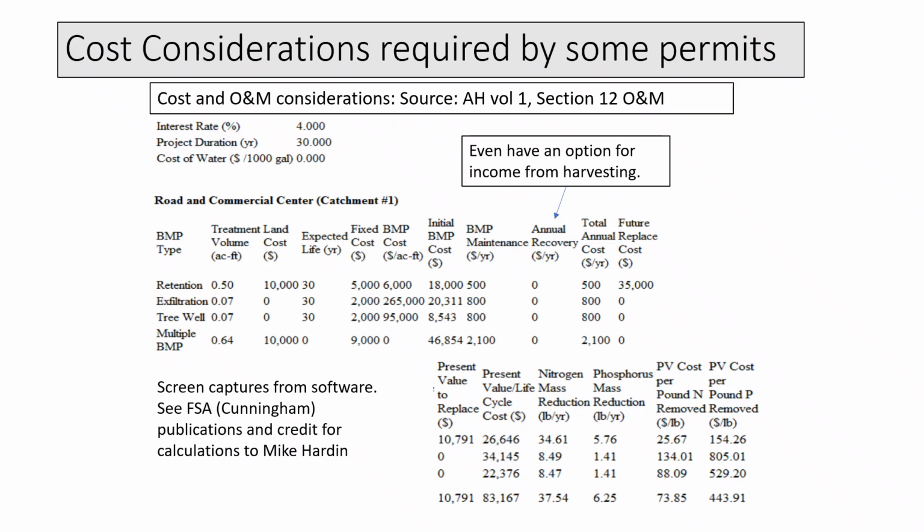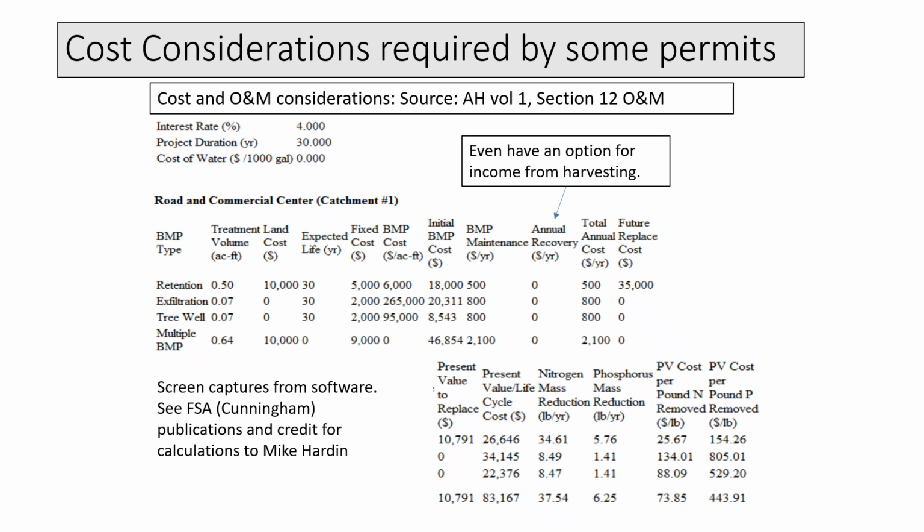A very valuable aspect of cost analysis is the ability to compare different scenarios, understanding how costs change when you modify best management practices or alter land use. Tools like the BMPFast software, which draws from FSA Cunningham publications and credits Mike Harden for its calculations, allow for these important evaluations.